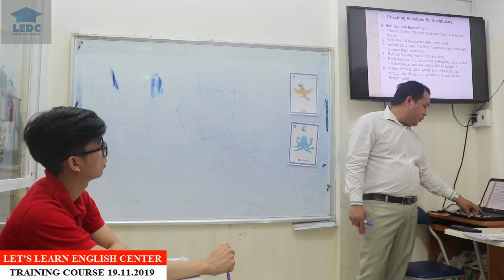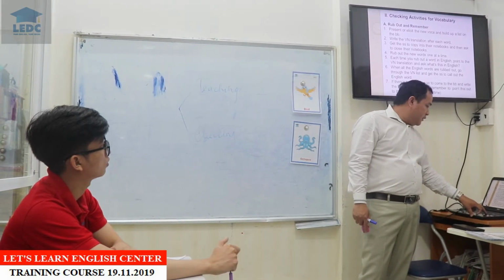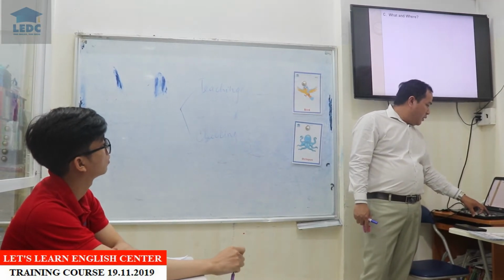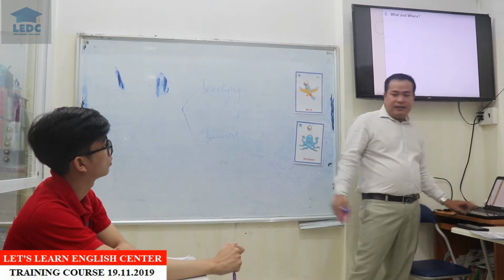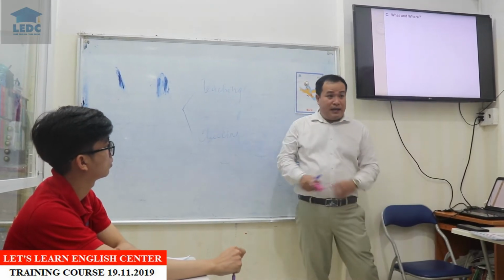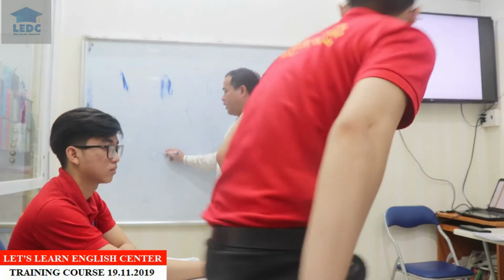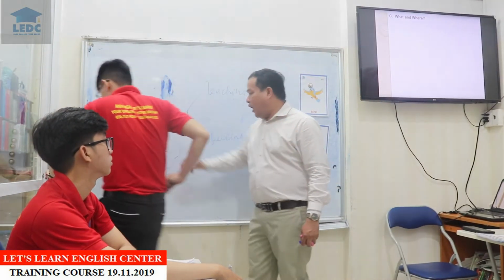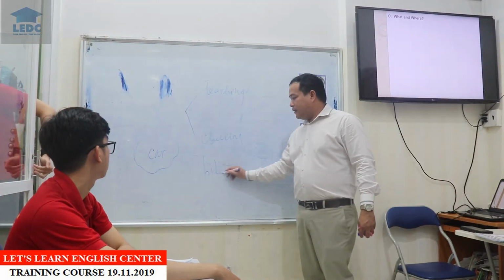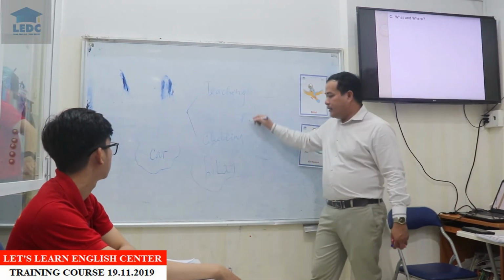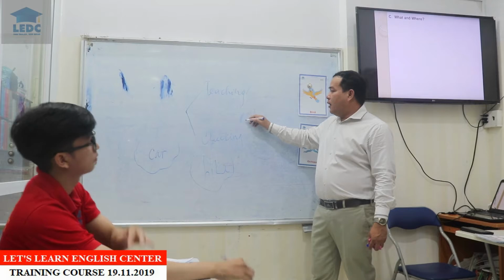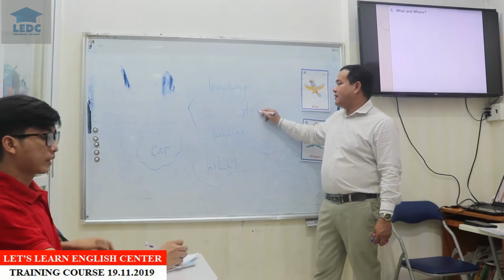So here I will explain how to do this again. What and where. You can put it in the cloud, and then, for example, you can put it like that: car. Everybody say car. What is it? Bike, and continue. Maybe taxi or something like that.